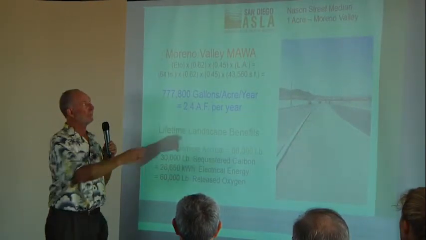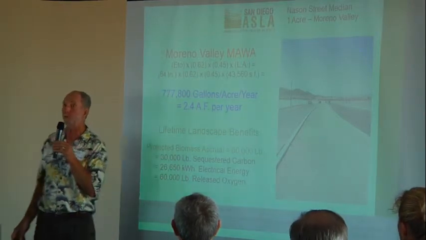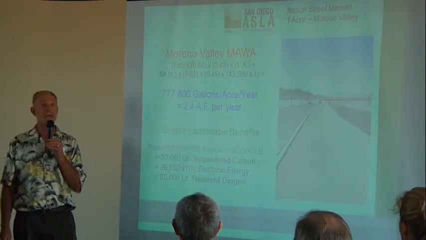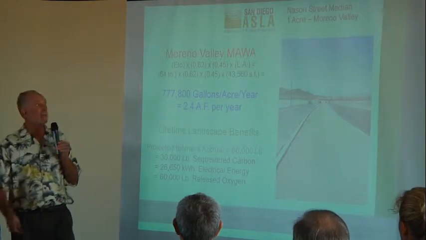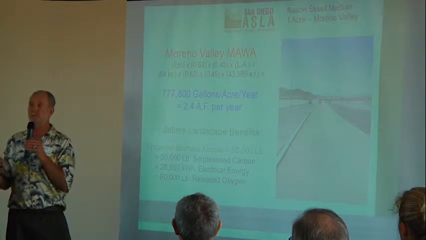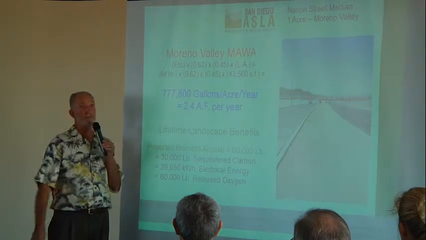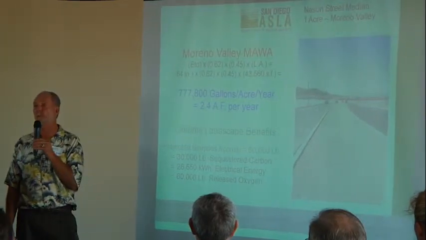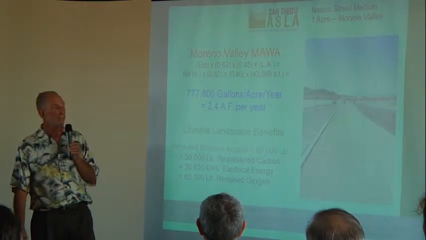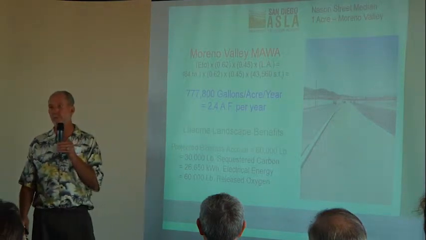We actually incorporated the very recently adopted 0.45 adjustment factor, down from 0.7. And in this approach, the state would approve a design that did not exceed 770,000 gallons of water per year. And in Moreno Valley, we bring that water from the state water project.